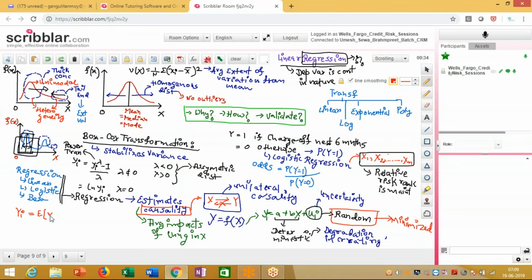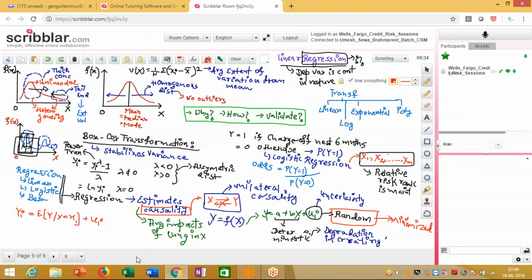So yi equals the expected value of y given x equal to xi, plus ui.